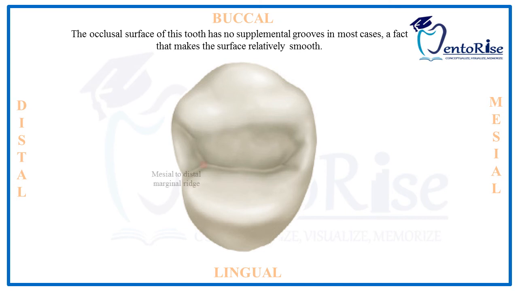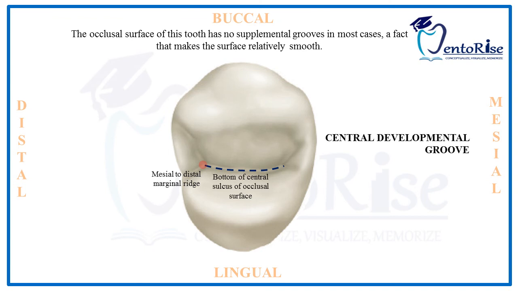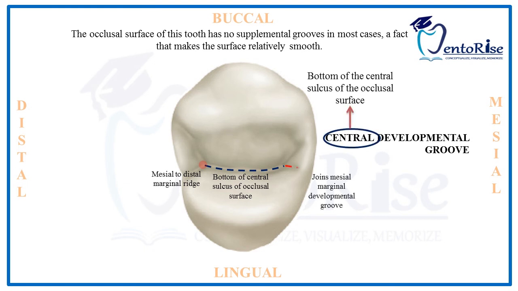Starting mesial to the distal marginal ridge with the point marked in red, let's move mesially. There is a line which is present at the bottom of the central sulcus of the occlusal surface. This line, marked in the figure in blue, is called the central developmental groove. If we continue mesially, this groove joins the mesial marginal developmental groove.